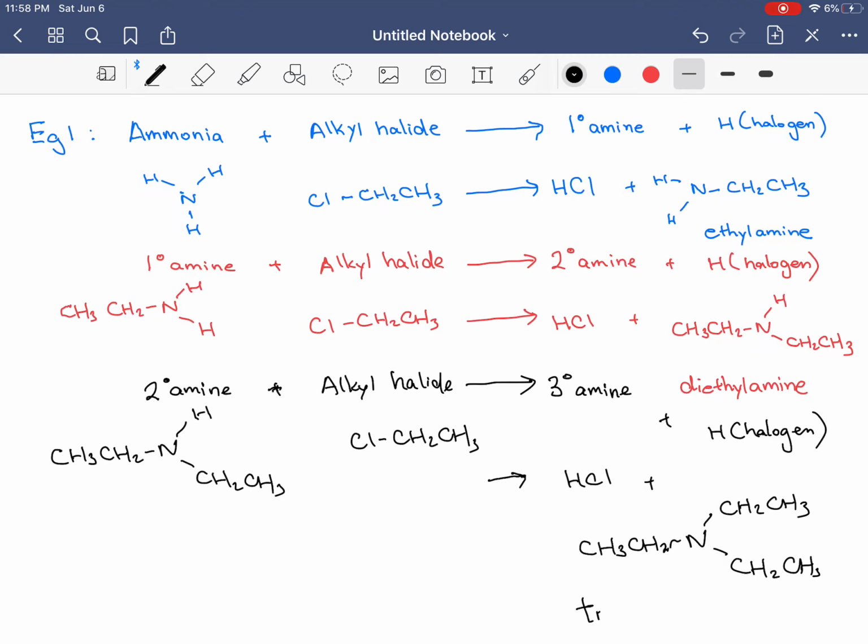So this is your triethylamine. So why tertiary amine? Just a little review: this nitrogen is connected to three other carbons. That's what makes it tertiary. So that's how you prepare amines.